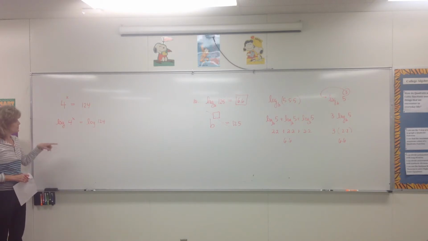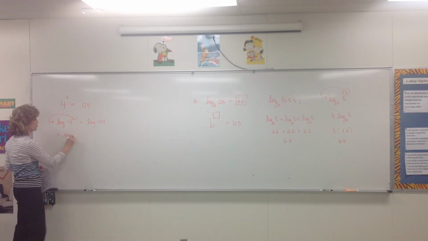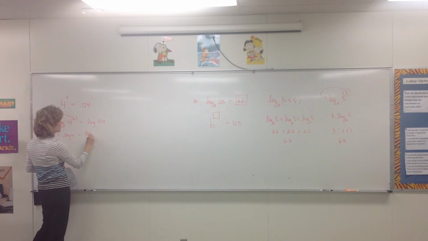What's the base? 10. It's understood 10. I've got a log, an exponent raised to another exponent. What do you do when you have a power to a higher power? So this x can become a multiplier, and so x times log of 4 equals log of 124.